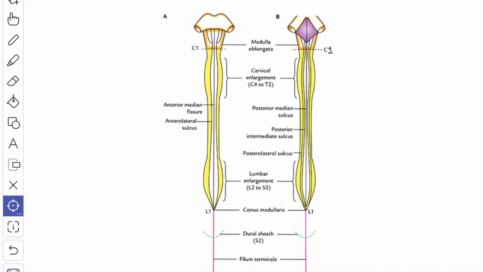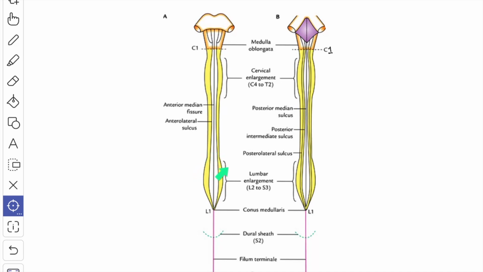So once again, this is the cervical enlargement which extends from C5 to T1 spinal segments, and this corresponds to the third cervical to first thoracic vertebrae, and it is about 38 millimeter at the level of C6 segment, and it supplies the muscles of the upper limb and their associated girdle.